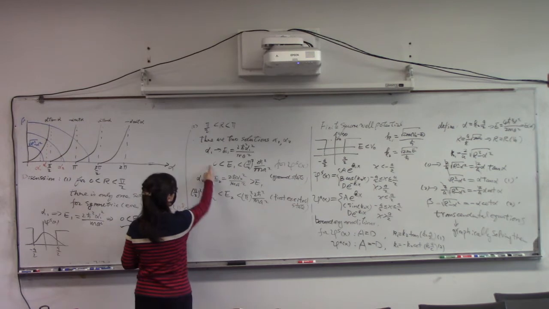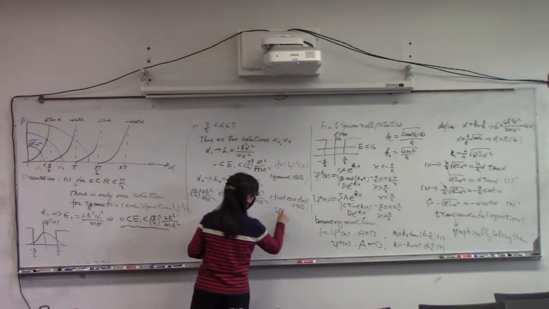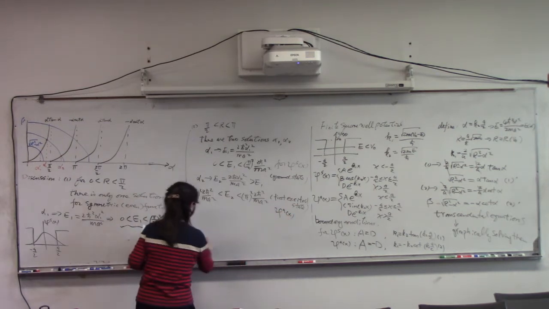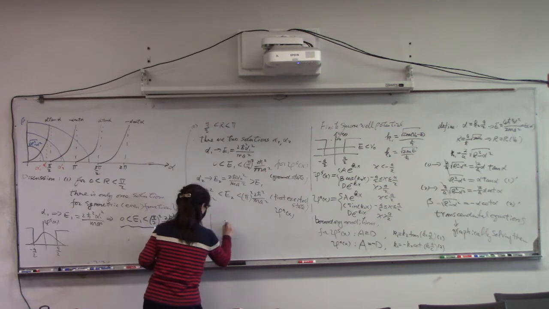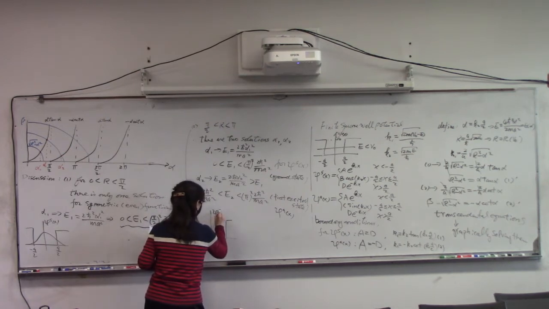And in this case, we have two wave functions. That is for the antisymmetric, so we have two wave functions. In this case, the symmetric is the ground state.